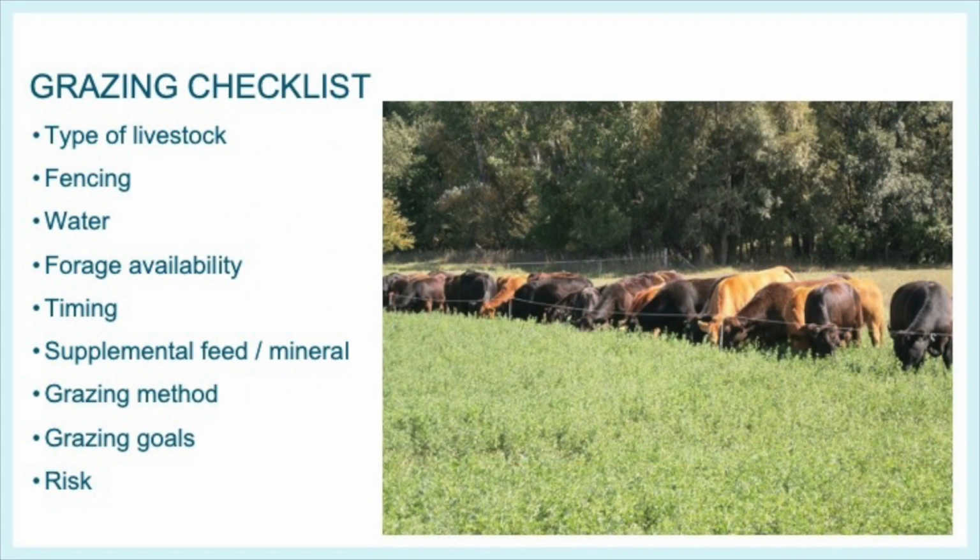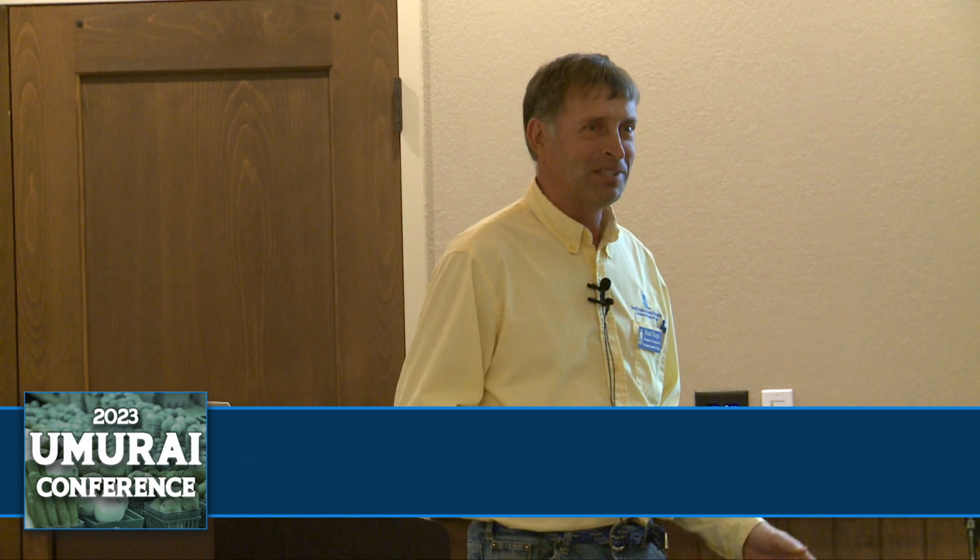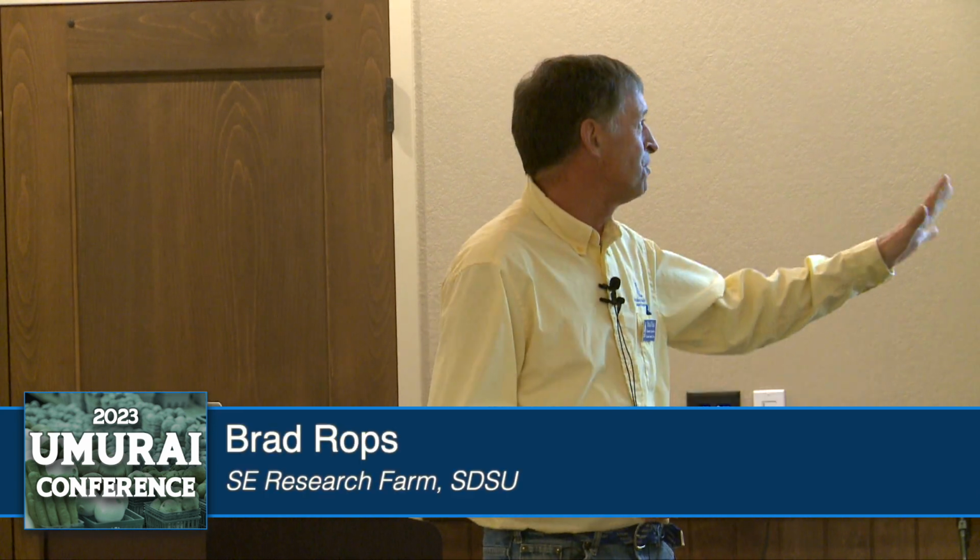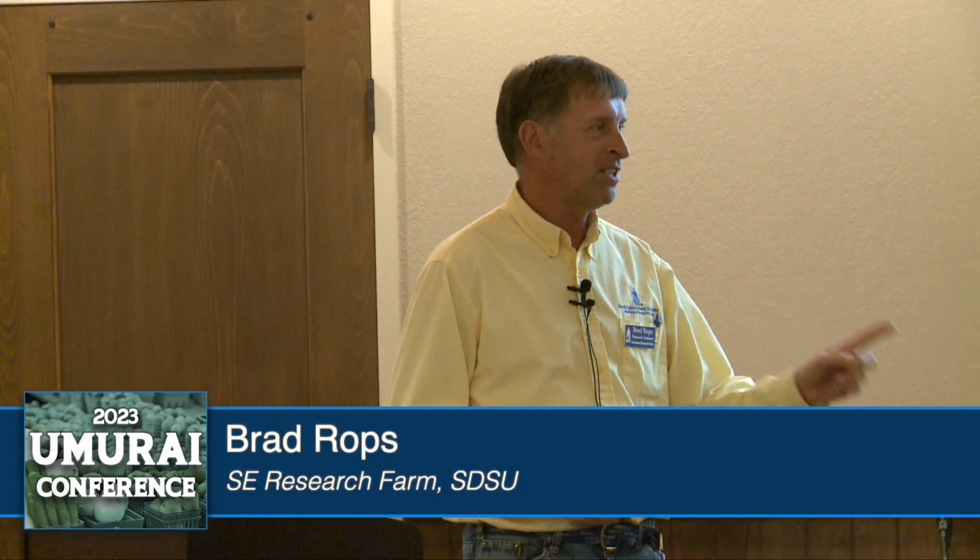And then I've got here risk. If you're going to be grazing, and I know this is specialty production, if you've got high value crops, how much risk can you allow? Livestock get out. It's inevitable. They might be well behaved and you've got good fence, but all it takes is maybe a coyote runs through that field at night and spooks them and they run through the fence.